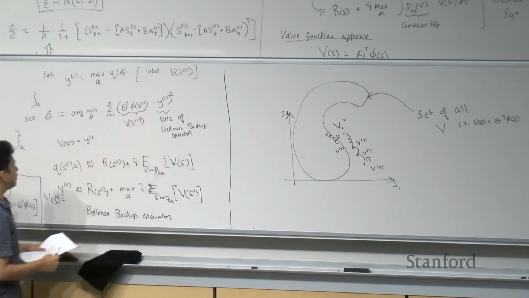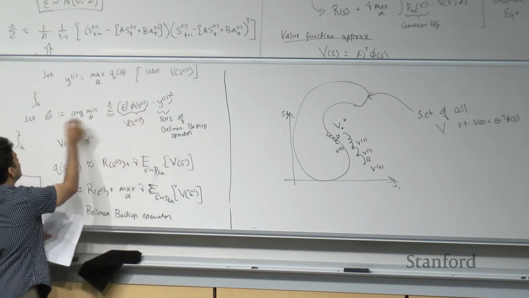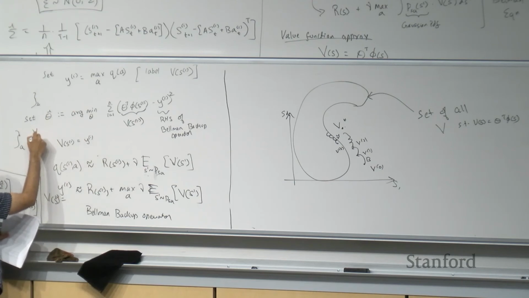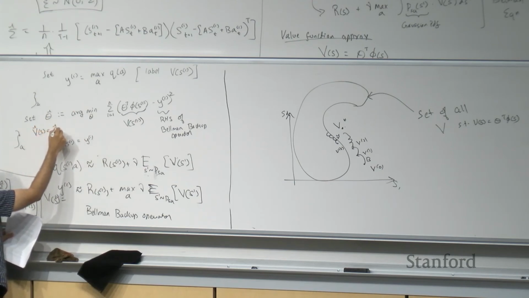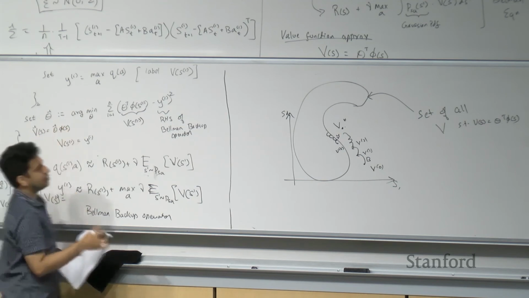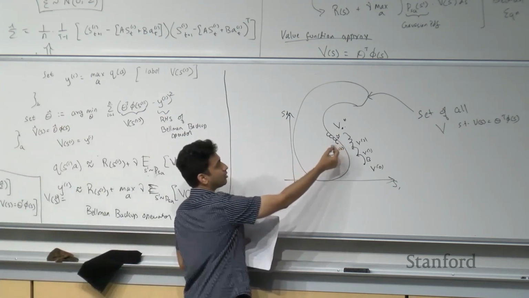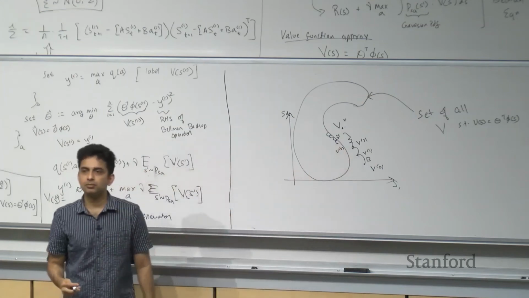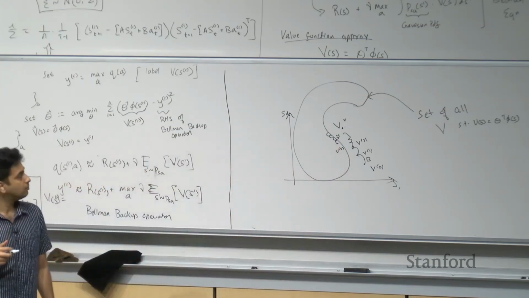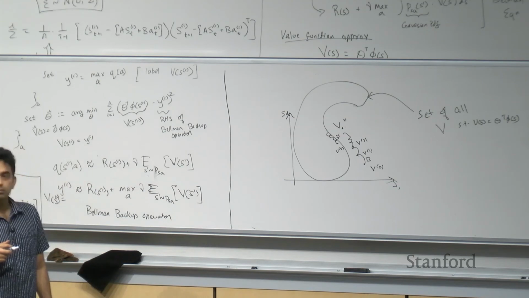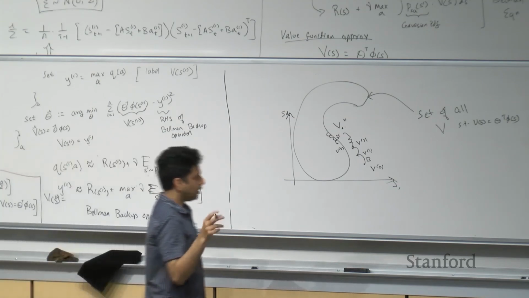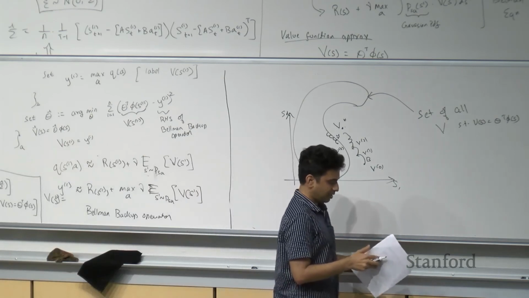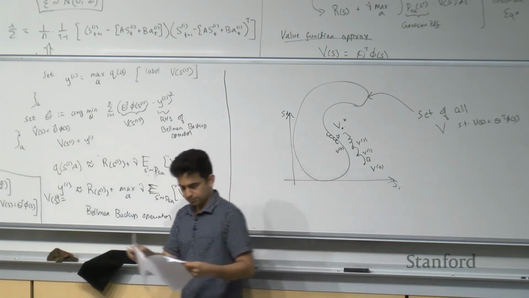Once you do this, V hat of S is equal to theta hat transpose phi of S. So this is essentially the projection of y onto the nearest point in the function space. Question: Also, why are we not using phi of s such that it belongs to that space, because V star is surely... Yeah, so the question is, that's something I'm going to address next.